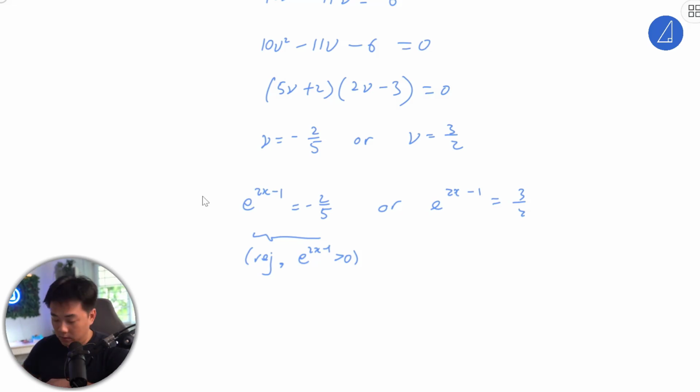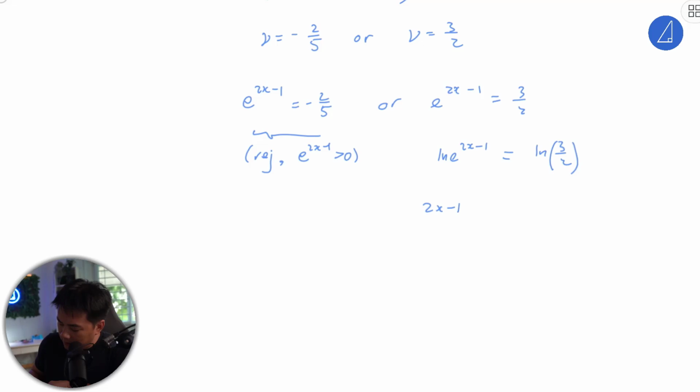Then after which what we need to do is just ln both sides for this. So it's ln e^(2x minus 1) equals to ln 3 over 2. They want the exact form, right? So this is 2x minus 1 equals to ln 3 over 2. So x equals to ln 3 over 2 plus 1, all over 2. So x is equals to half of ln 3 over 2 plus 1.